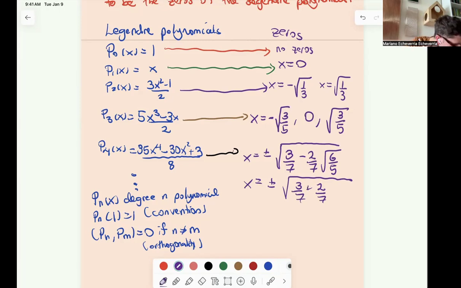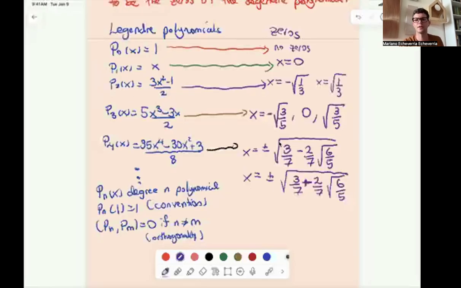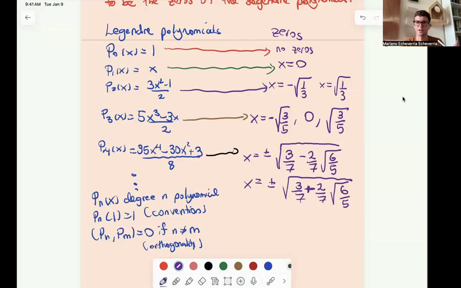Wait, do I have this correct? Let me just check to make sure I'm not writing something silly. Yes, one is with the plus and the other is with the minus. Again, I'm just showing you that in low degree, you can find explicit formulas; in general, you can approximate them.